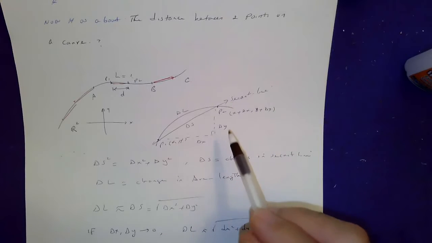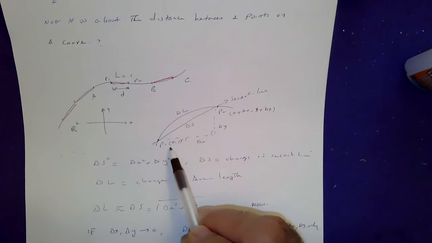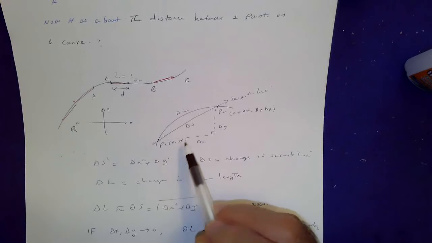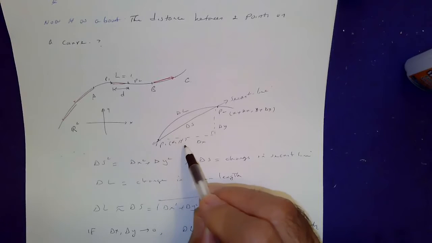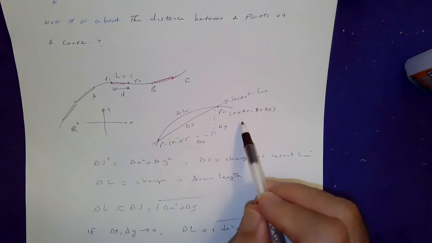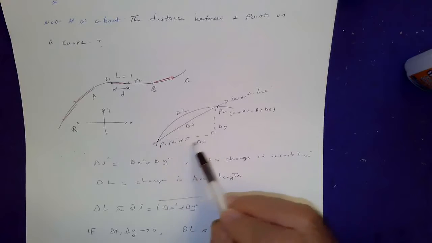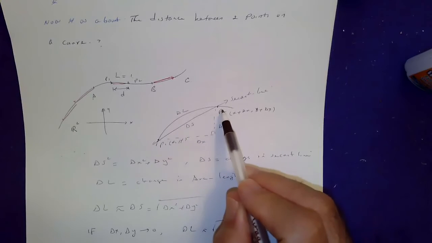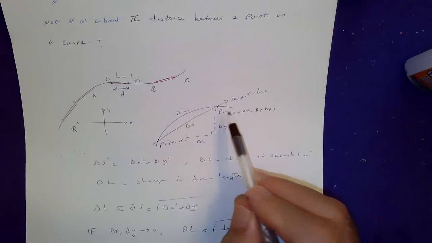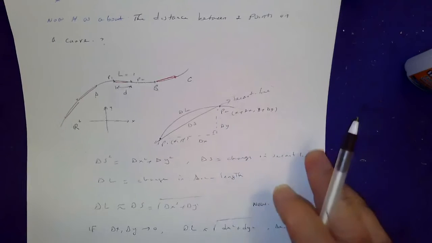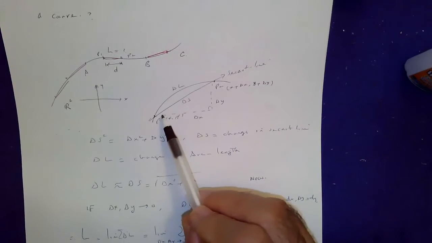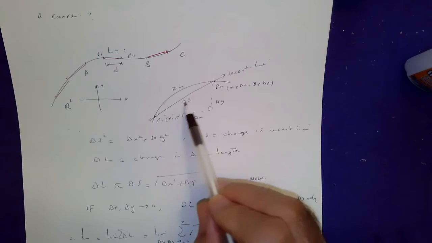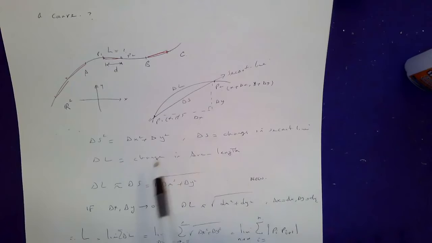So what happens is, if you take 2 points, let's say x1, y1, and you increment x and y by the amount of delta x and delta y to get to the next point on the curve, like let's say P2, then you can find out the length of this hypotenuse based on this right triangle.